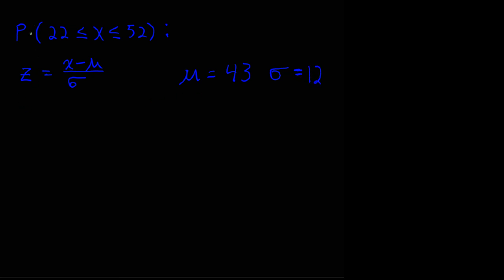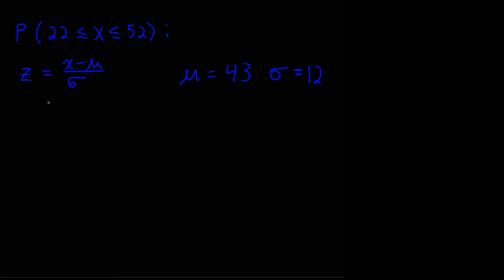Now I want to find the z-score for 22 and the z-score for 52, because that's where my probabilities come from. What would be the odds that an individual would fall within this range?